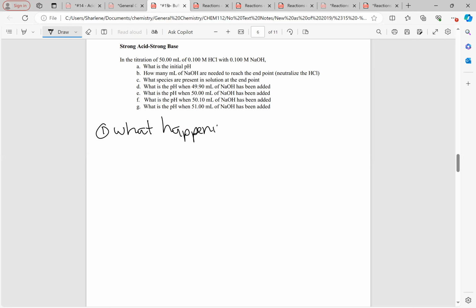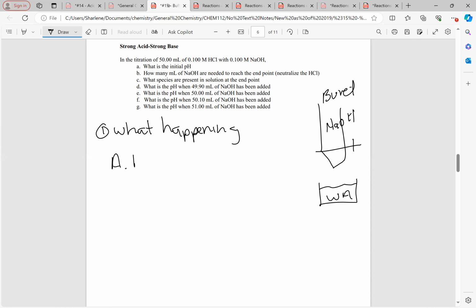During a titration, I'm going to put some sodium hydroxide in the burette, and I'm going to have either a beaker or something, and I will have my weak acid in it. Okay? All right. What's happening is, before the titration ever occurs, it's just what is in the beaker.